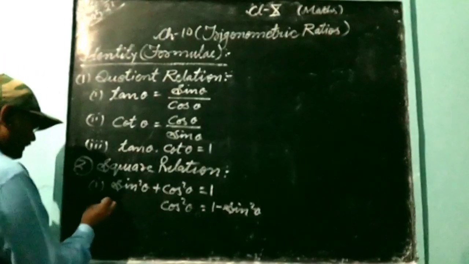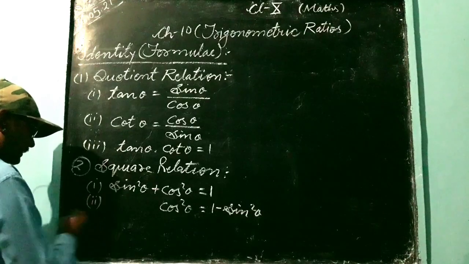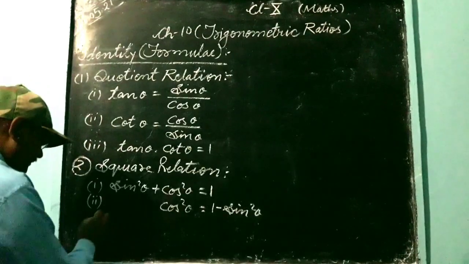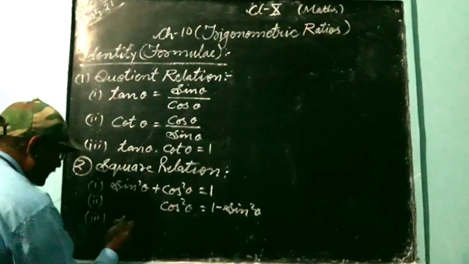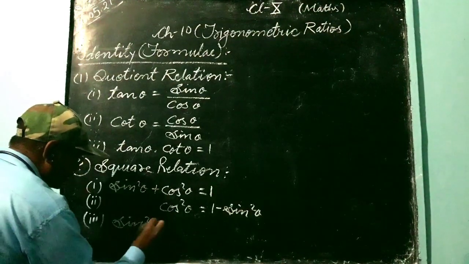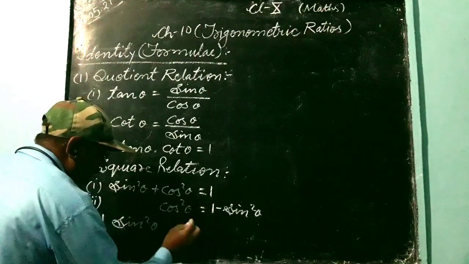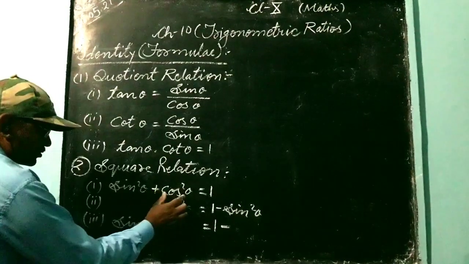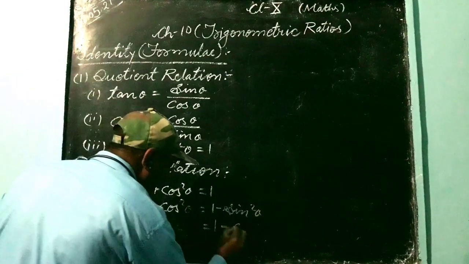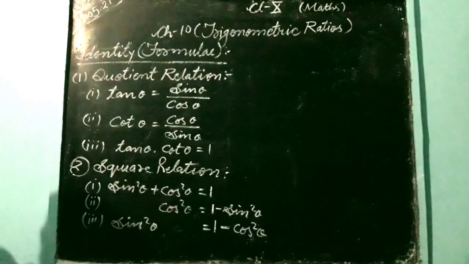And now in the third case, sin square theta is equal to 1 minus cos square theta, transposing cos square theta. Clear?